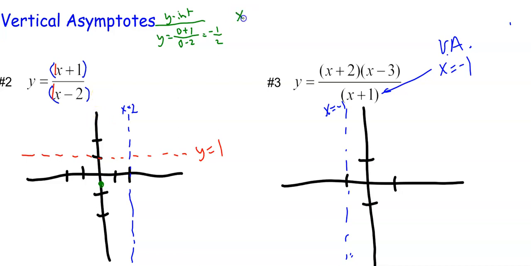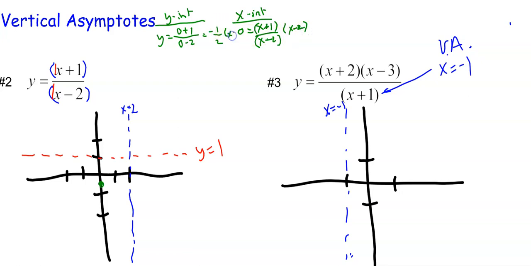To find the x-intercept, we're going to plug in y equals 0. So we get 0 equals x plus 1, that's a plus there, divided by x minus 2, it's a minus. To solve, we're going to multiply by x minus 2 on both sides.